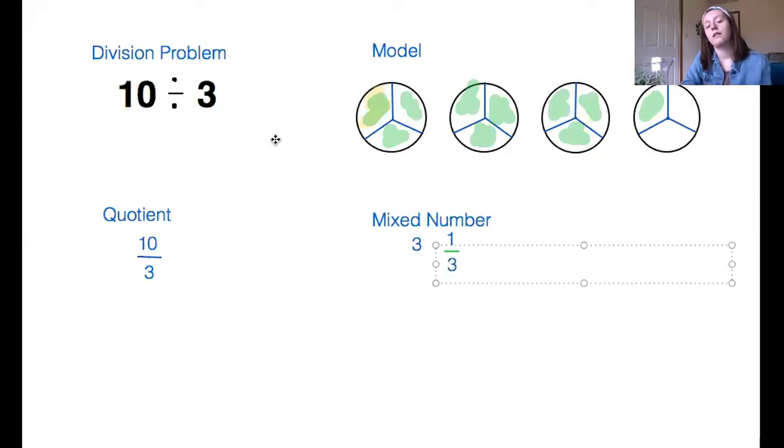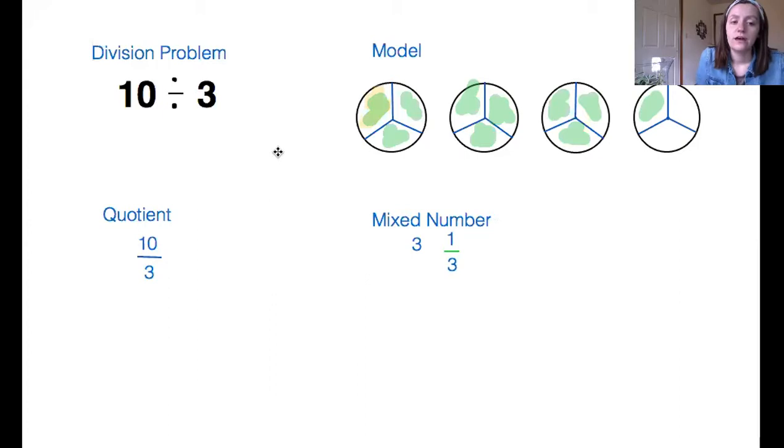So the problem in division is 10 divided by 3. That written as a quotient or an improper fraction would be 10 over 3, because it's telling us that we need to take 10 parts and divide it into 3 groups. When we set up our model, we draw out several circles and divide them each into 3. And then we go through shading each part until we get to 10 total parts shaded.